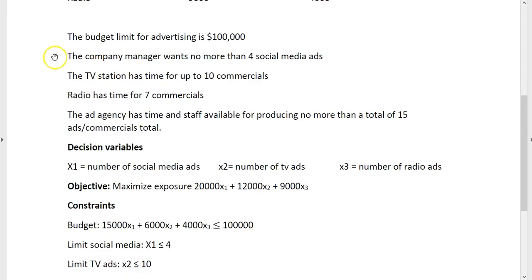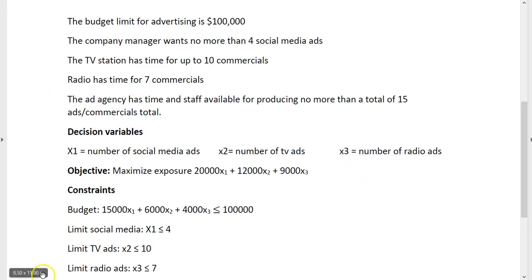The company manager wants no more than 4 social media ads. Social media is X1, and so it needs to be less than or equal to 4. The TV station has time for up to 10, so we're only going to make up to 10, X2 less than or equal to 10. Radio has time for 7, so our radio ads are limited to 7.